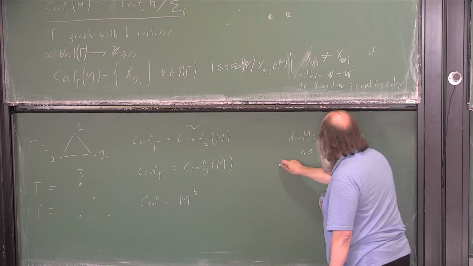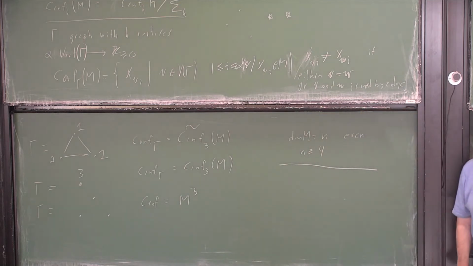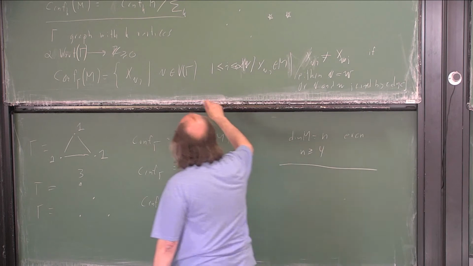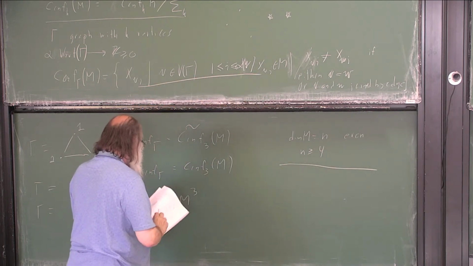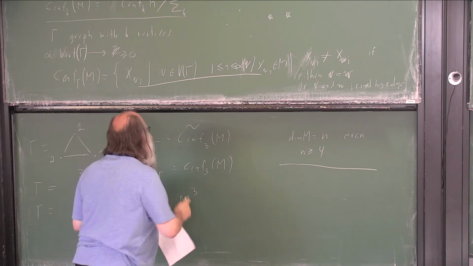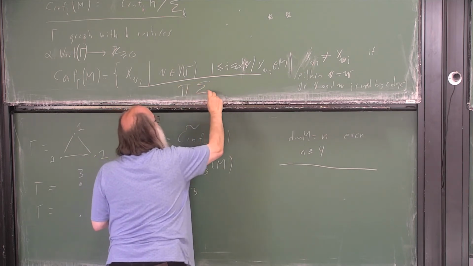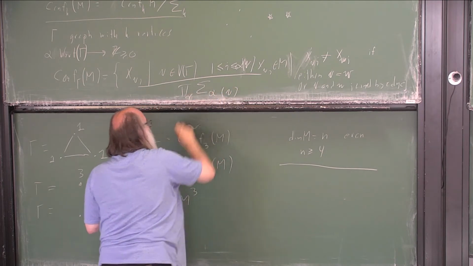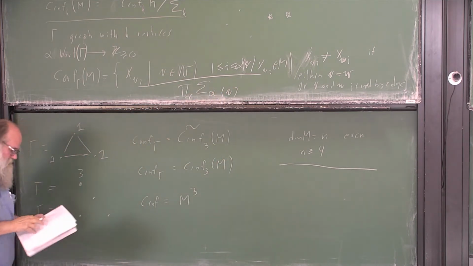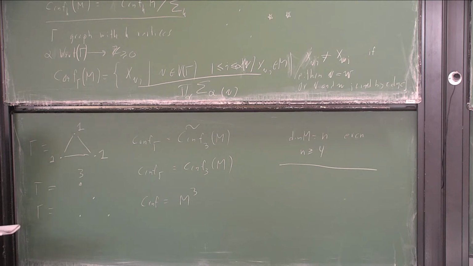Excuse me, in the definition of Conf_gamma(M), maybe you want to divide by the product of the symmetric groups. Yeah, I think so. The idea is that you have a graph, and each vertex is supposed to represent one type of vortex.